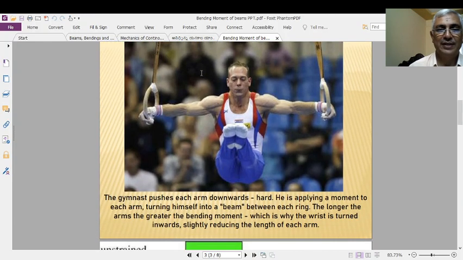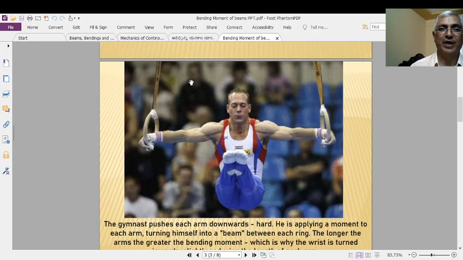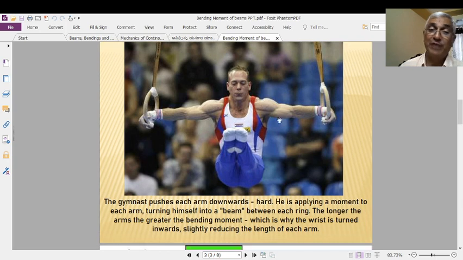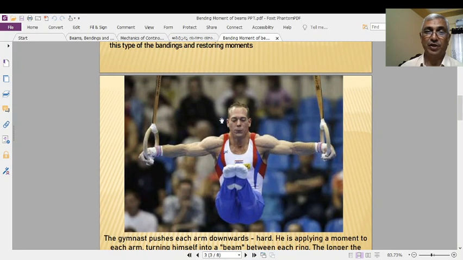Let us see a very interesting example, because bending moments and restoring moments are present not only in different structures, such as roads, buildings, bridges and dams, but also in some gymnastic events. Here, a gymnast holds his total body by hanging his hands on two rings.